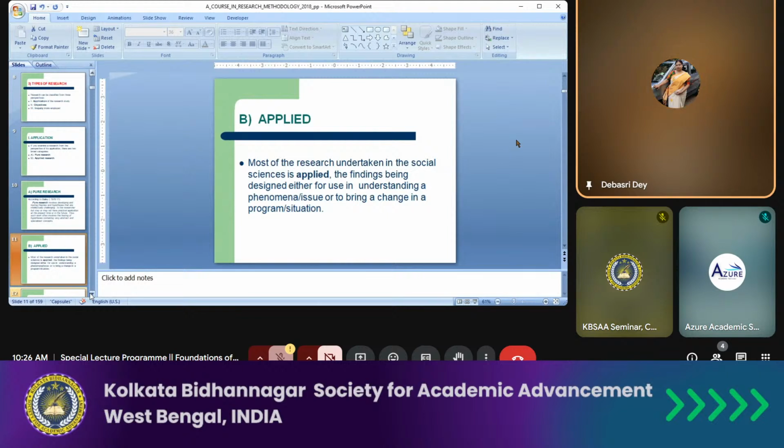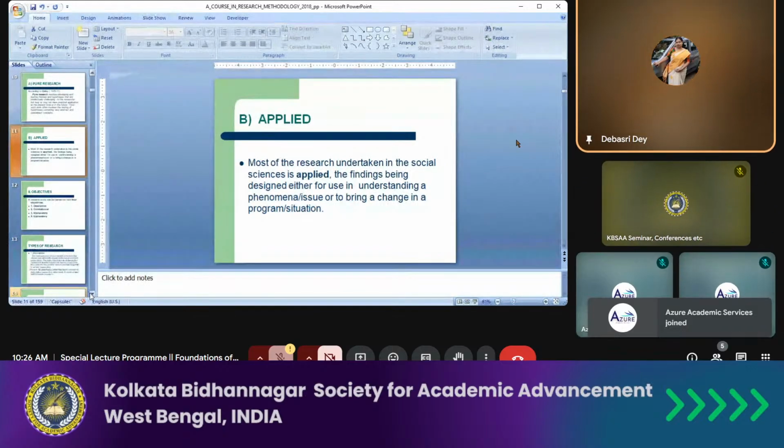Then, is there any basic difference between method and methodology? And how many types of research are there? Why this classification? And what kind of problem we will choose or have to choose, and why. Up to that, I tried to cover in this first phase of my foundations.